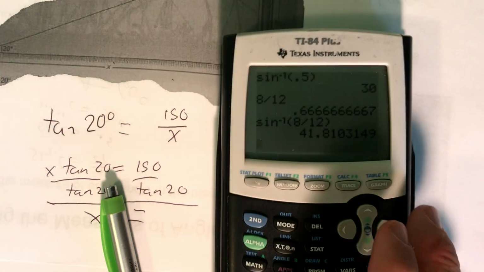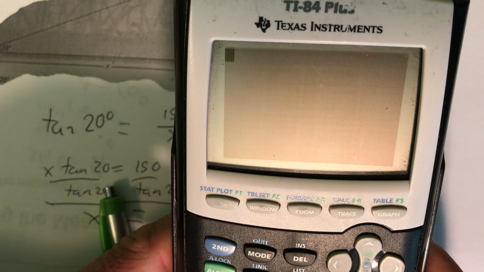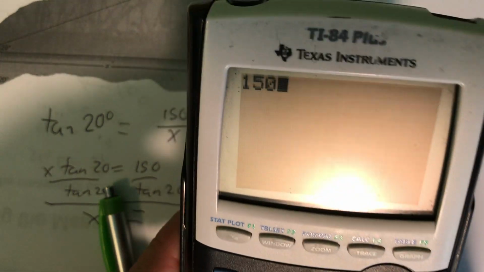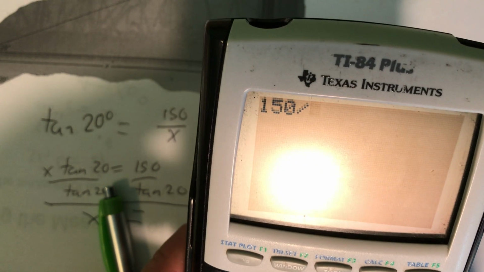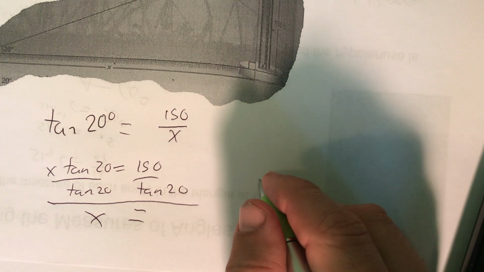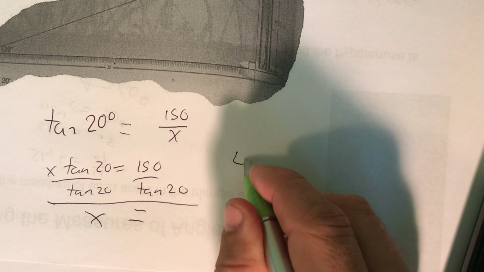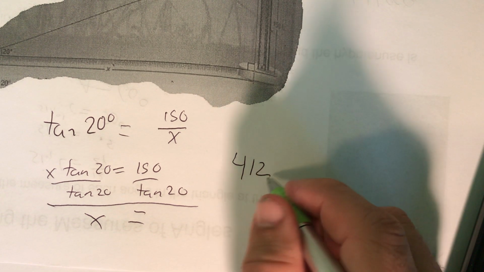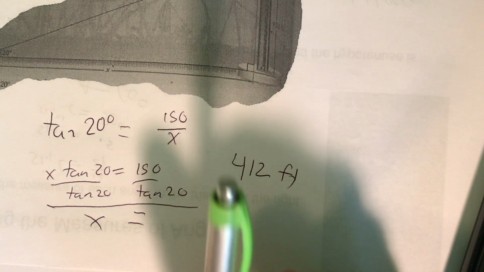Okay, get your calculator out. 150 divided by tan 20 gets you 412 feet roughly.